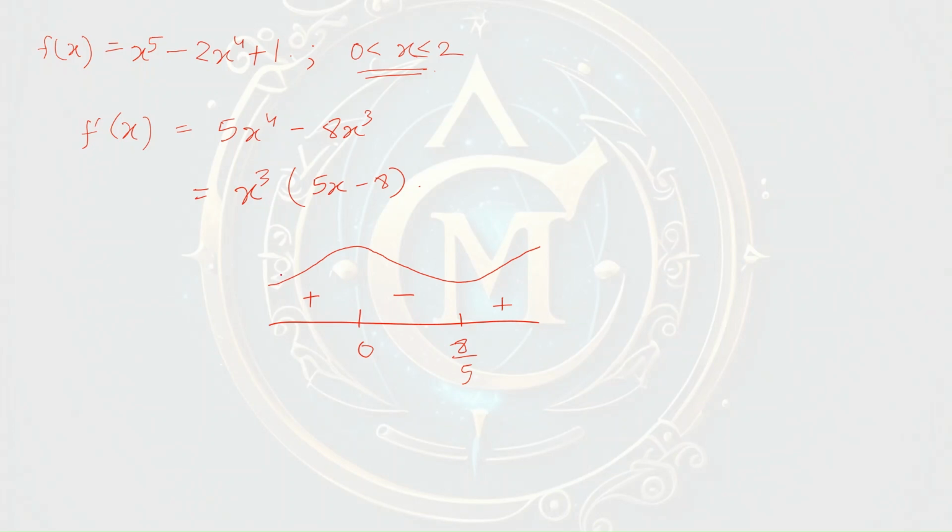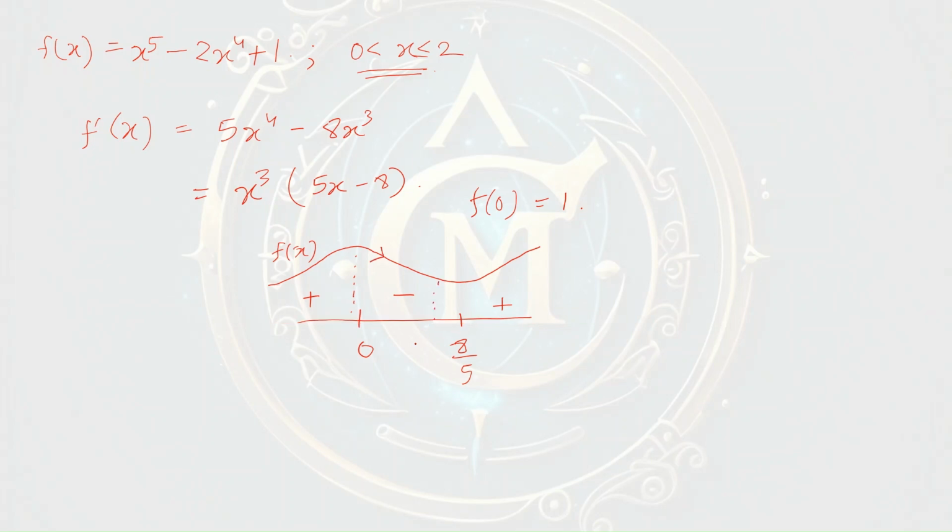Here it is f of x. Now at x equal to 0, f dash x is 0. So let us calculate f of x at x equal to 0, that is f of 0 will be 1. And after x equal to 0, the function decreases monotonously.